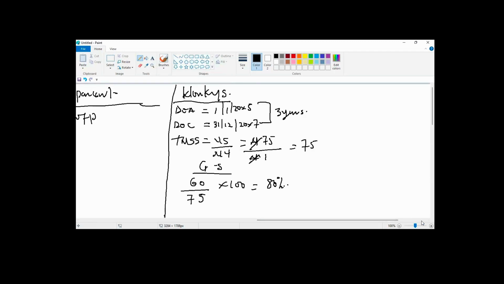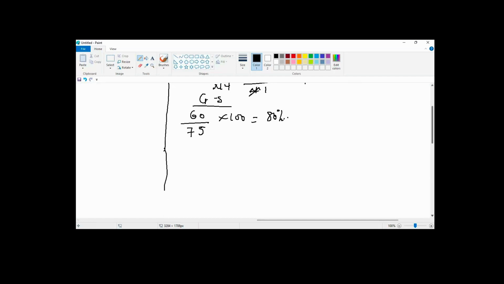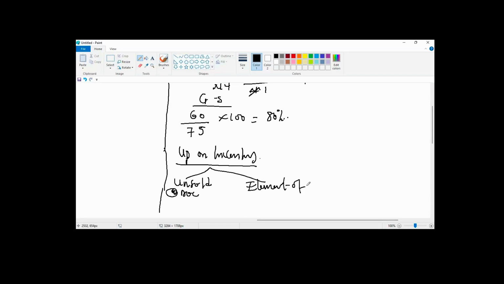You are talking about unrealized profits on inventory. Don't forget, we said 2 things must be established. There must be unsold at DOC, and there must be element of profit.